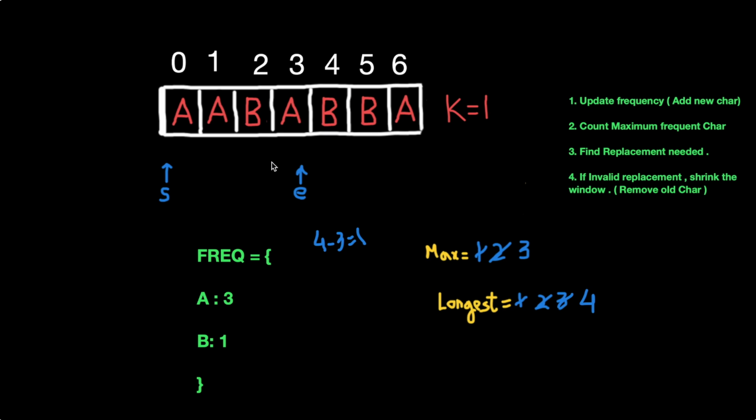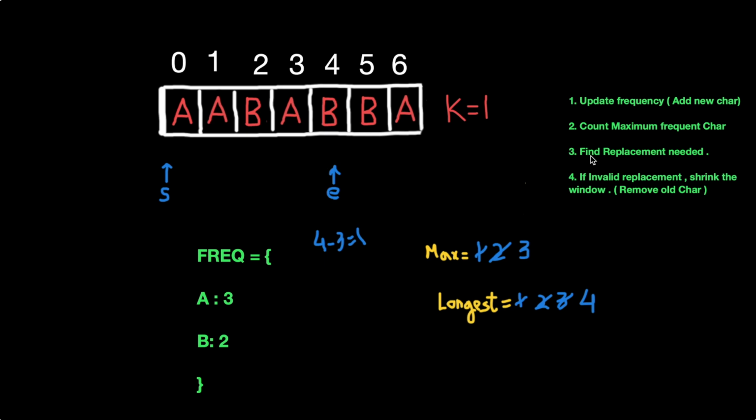Okay. Now in the next iteration, when I expand my sliding window here and get a new character B, I'll first update the frequency. And what is the maximum frequent character? The maximum frequent is still A, that is 3, but now my sliding window is of size 5, right?